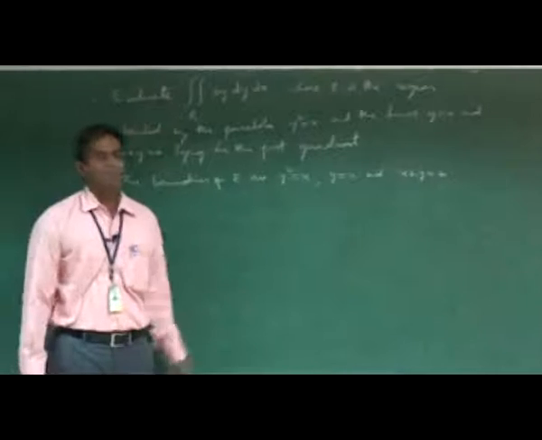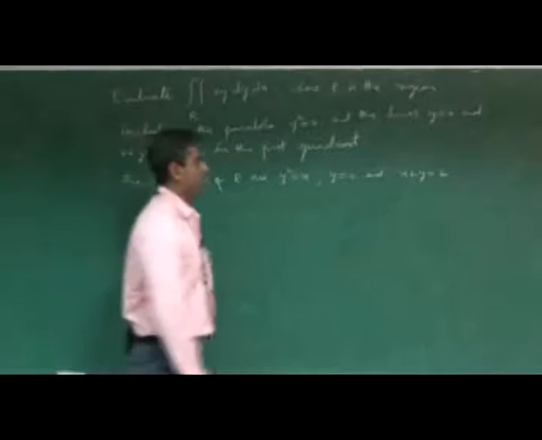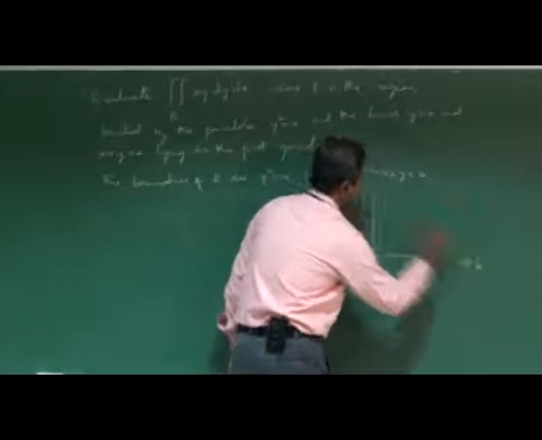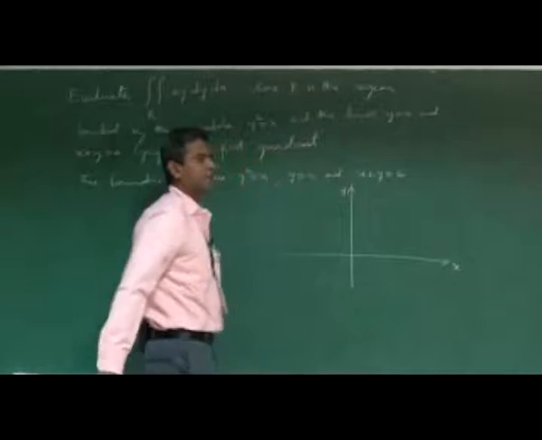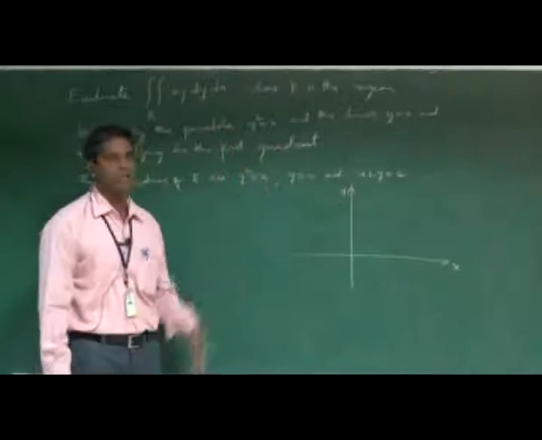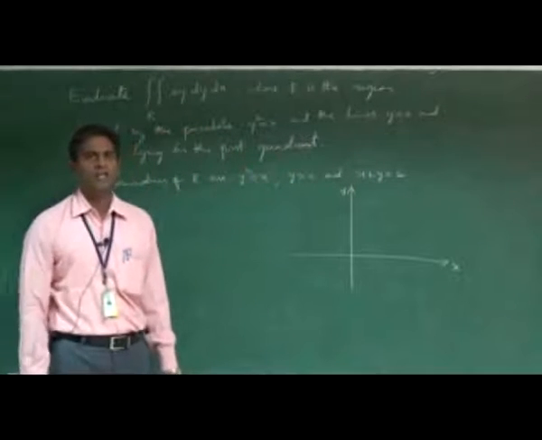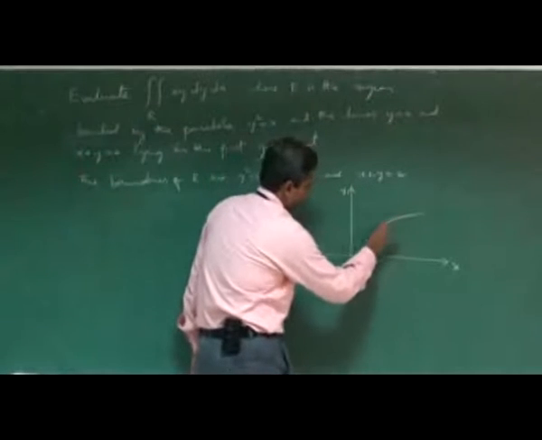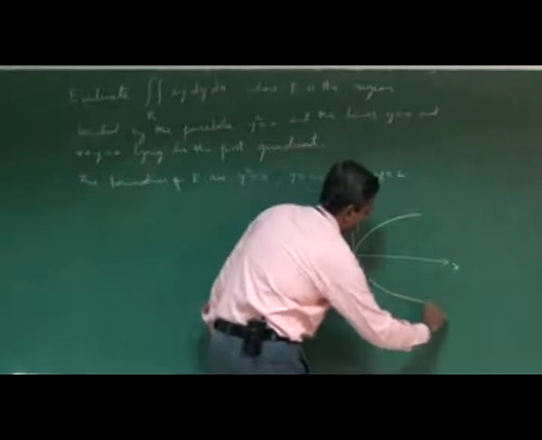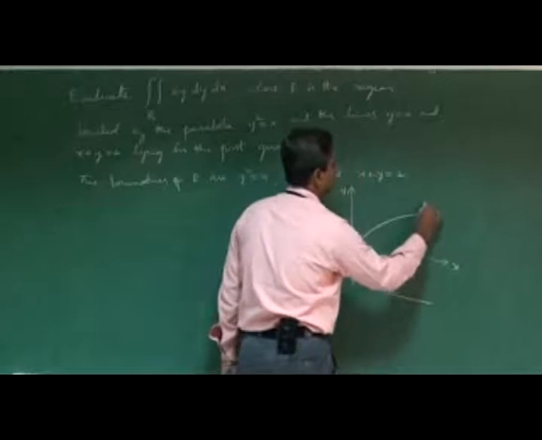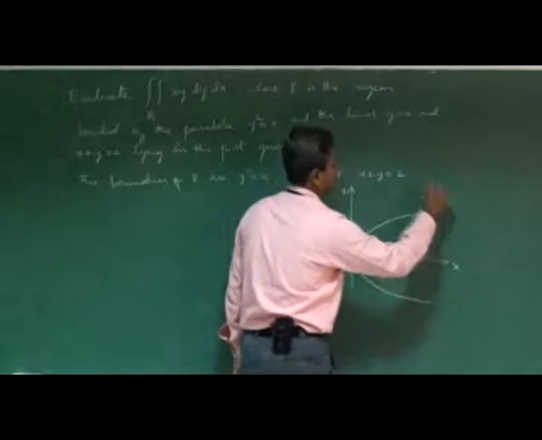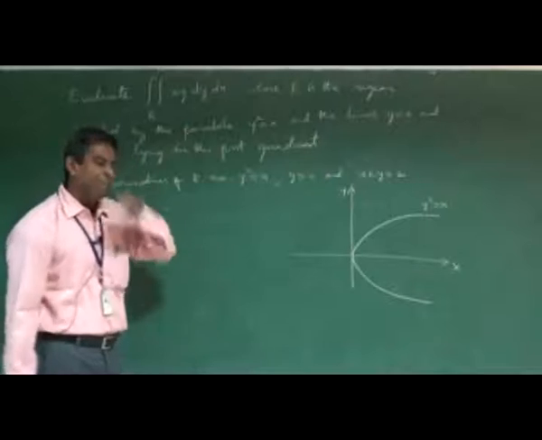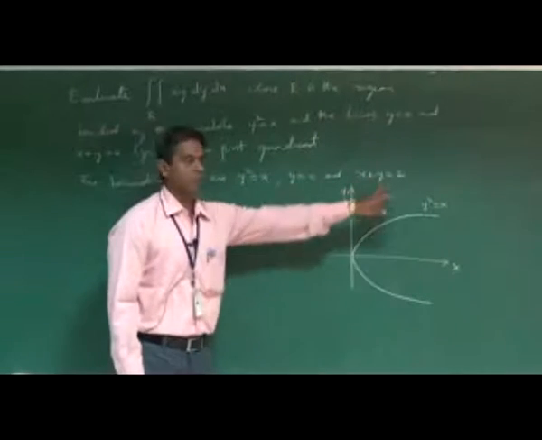We draw the bounded region in the xy plane. y squared equal to x is a parabola about the x axis, and we draw the line x plus y equal to 2.